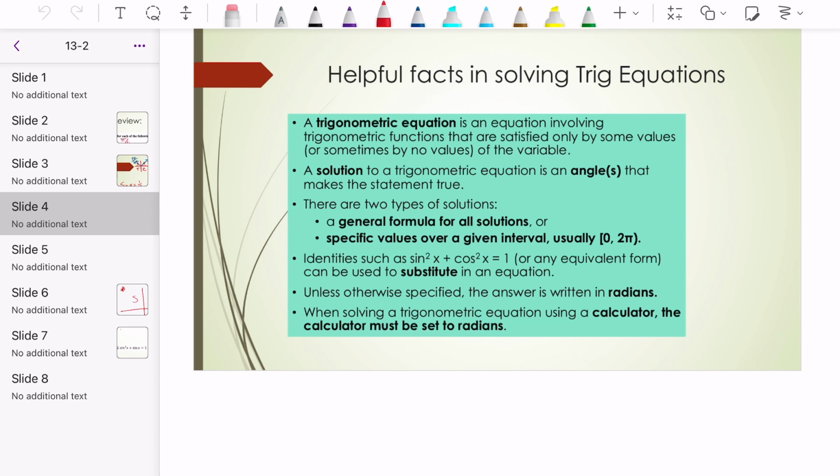So depending on whether it is an exact value or a general formula, you should know how to complete both of these different types. It's also extremely important to know that the identities such as sine squared of x plus cosine squared of x is equal to 1 could also be used to substitute into an equation. Third key fact would be everything is written in radians.